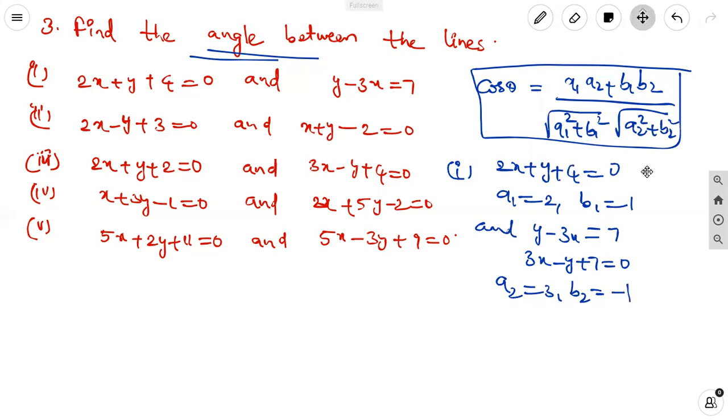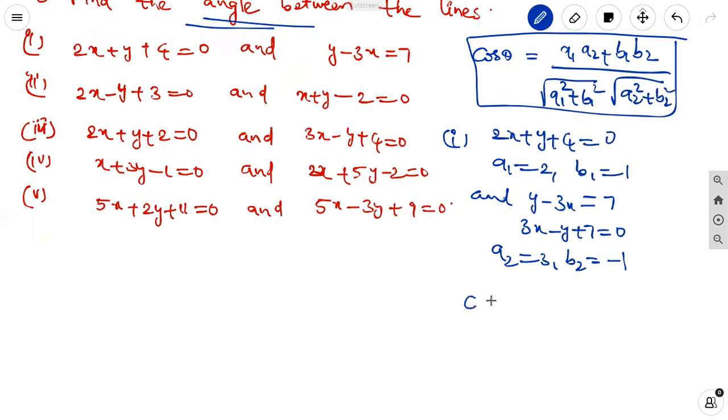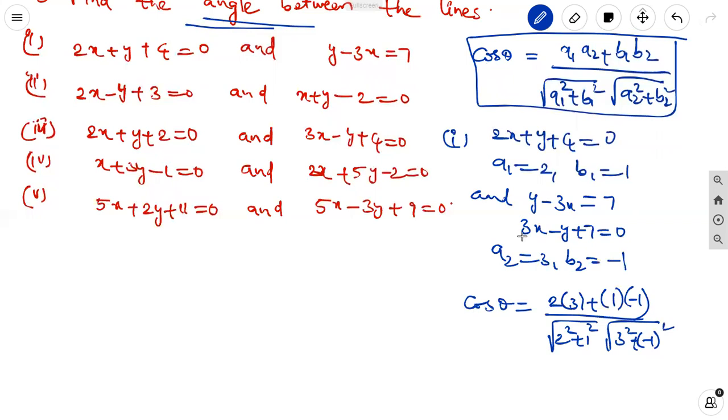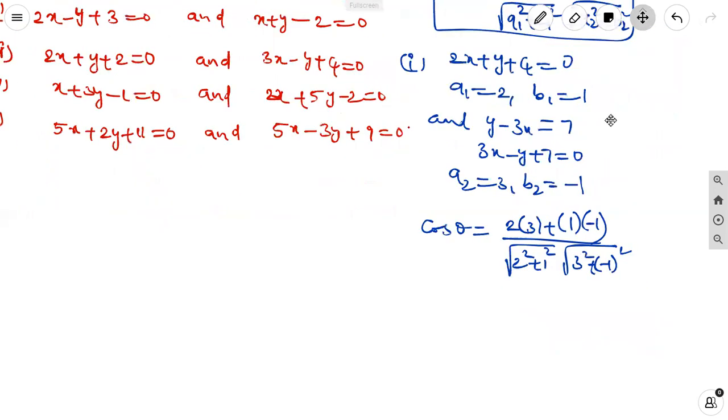Applying in the form, cos theta equal to a1 a2, that is 2 into 3, plus b1 b2, 1 into minus 1, by under root of 2 square plus 1 square, under root of 3 square plus minus 1 whole square.